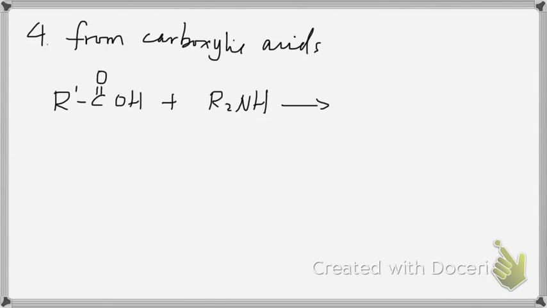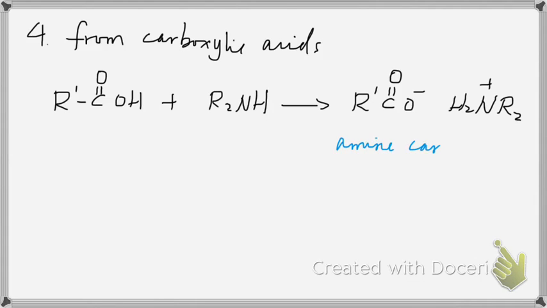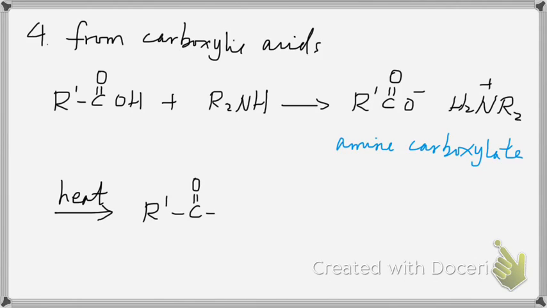So the first reaction that's going to take place will also be an acid-base reaction. It will form the ammonium carboxylate salt first. And after this salt is formed, and when we heat the reaction, a dehydration reaction will take place, and the amide is formed as the final product.